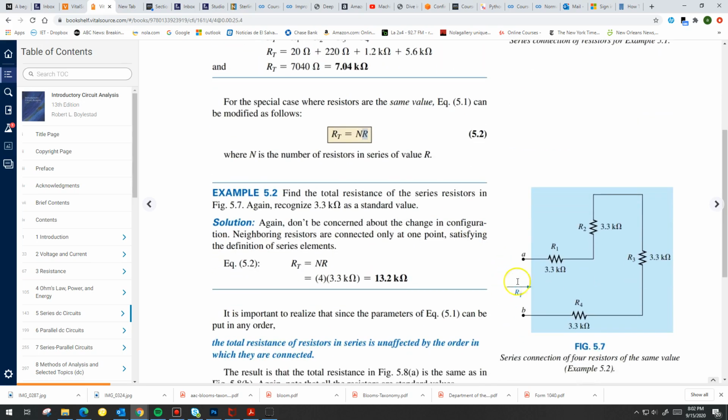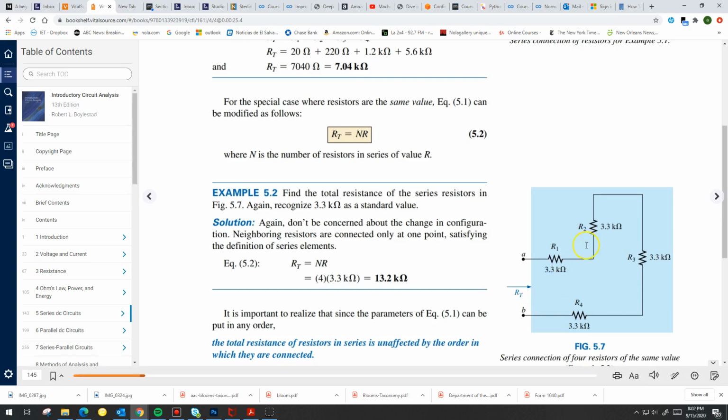For example, in here you have 4 resistors. Again, they're connected in series for reasons that we already know, right? So you can see, and you should be able to at least physically tell that they're connected in series. And you notice that all the values are the same, 3.3 kiloohms. So for cases where all the resistors have the same values, all you have to do is add 3.3 plus 3.3 plus 3.3 plus 3.3, 4 times, right?